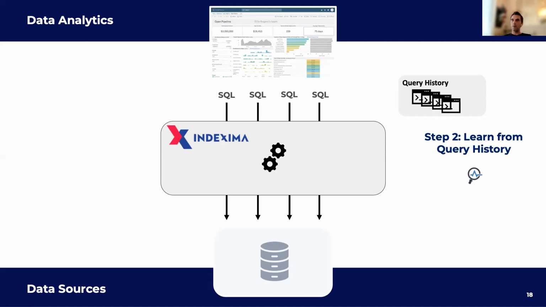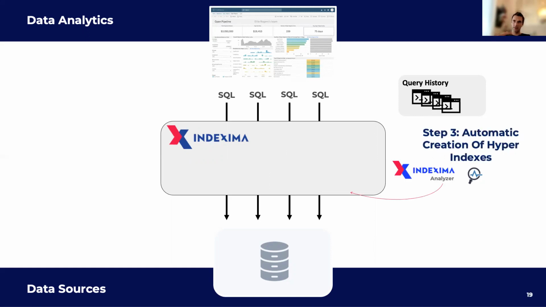After learning for a while on the usage and on the query patterns, Indexima will start to build some hyperindexes, some aggregation of the data that would allow it to quickly reply to the same kind of question. So our totally automatic process of analyzer will at one point decide to generate a hyperindex.